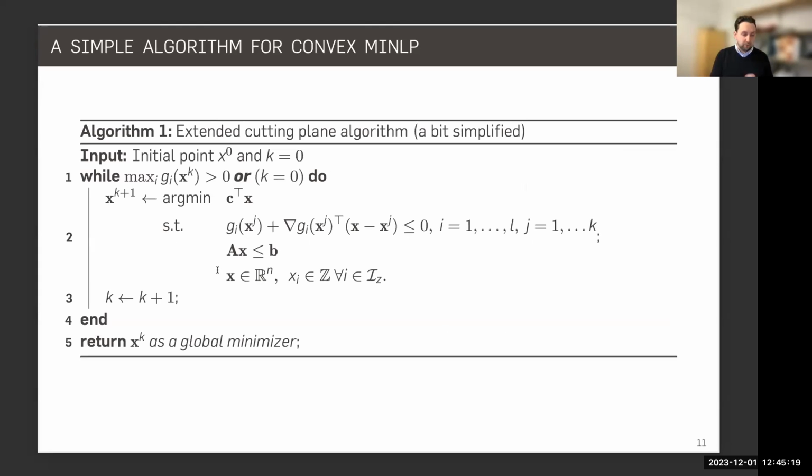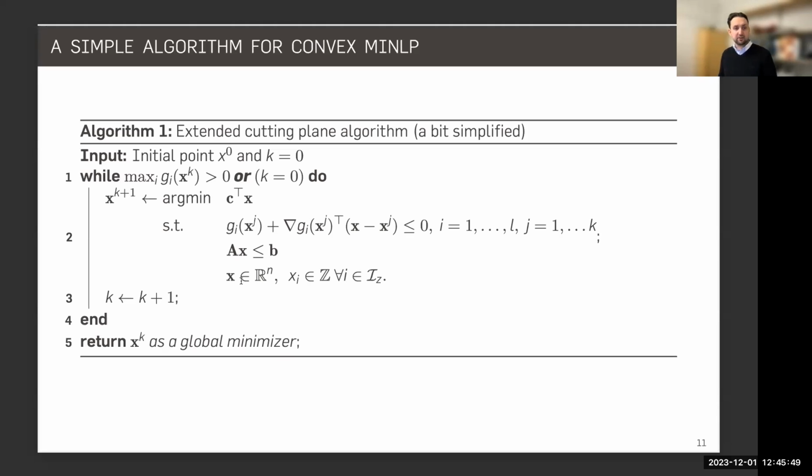So I want to show you what I consider to be the simplest algorithm for solving convex MILP problems, the extended cutting plane algorithm. And here I have even simplified it a little bit more. But basically, you can start off at any point, generate some gradient cuts, solve this MILP relaxation, and you take the minimizer of that as the trial solution. If it doesn't satisfy the nonlinear constraints, you continue and repeat this procedure.